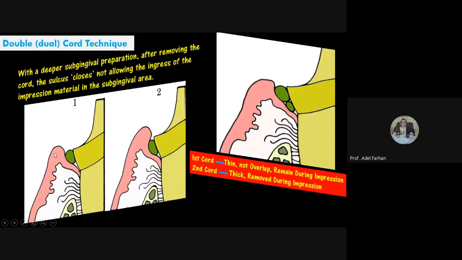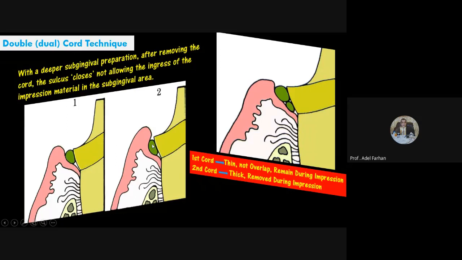As we see, when we have deeper subgingival preparation, or sometimes the sulcus is very deep, a single cord is not enough, because after removing the cord the depth of the sulcus is very deep and the margin lies deeply.